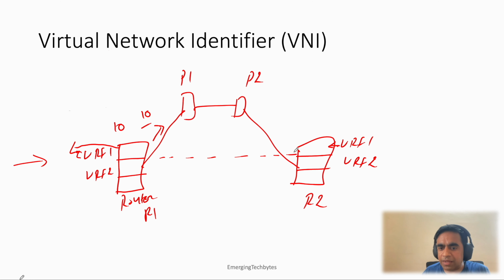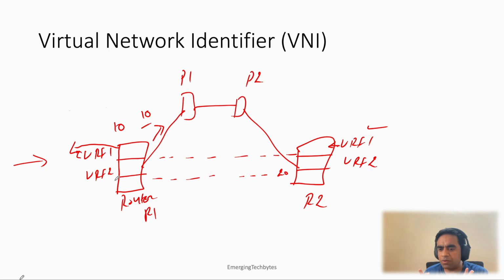So when the 10 reaches here, R2 will see that, okay, 10 I had allocated for VRF1. Same way, for VRF2, it will allocate, let's say 20, and send that here. So whenever R2 or R1 is sending a packet for VRF2, it will put that label of 20 onto it, so that the node on the other side can understand this.